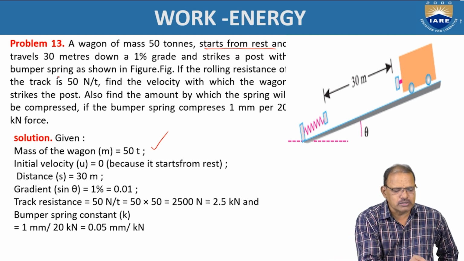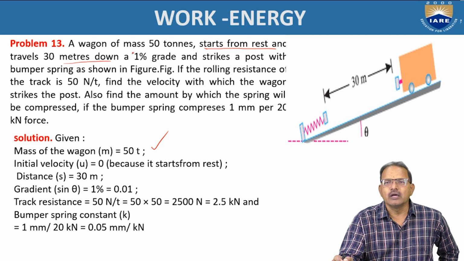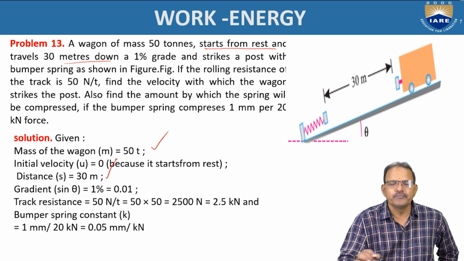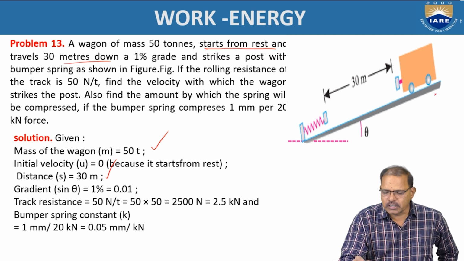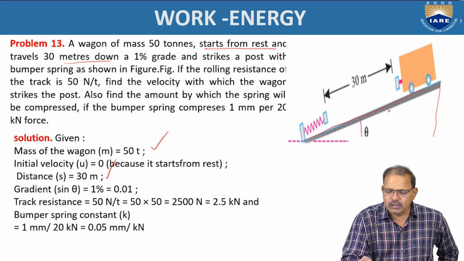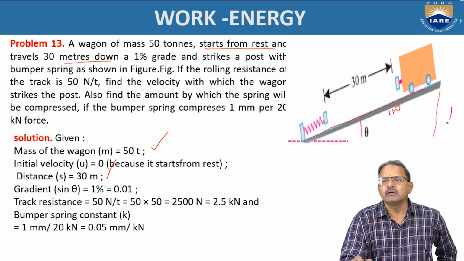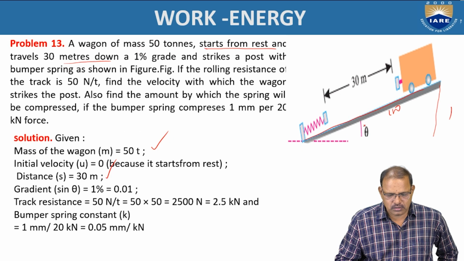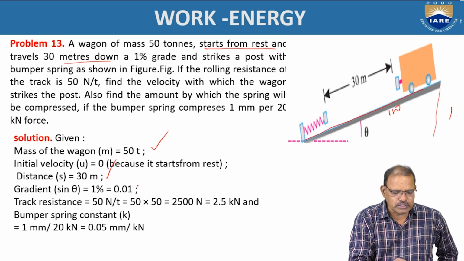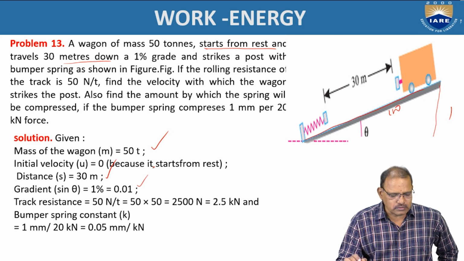And distance traveled is equal to 30 meters in the downward direction, that is S is equal to 30 m. The gradient is equal to 1%, that means 1 by 100, which is equal to 0.01.